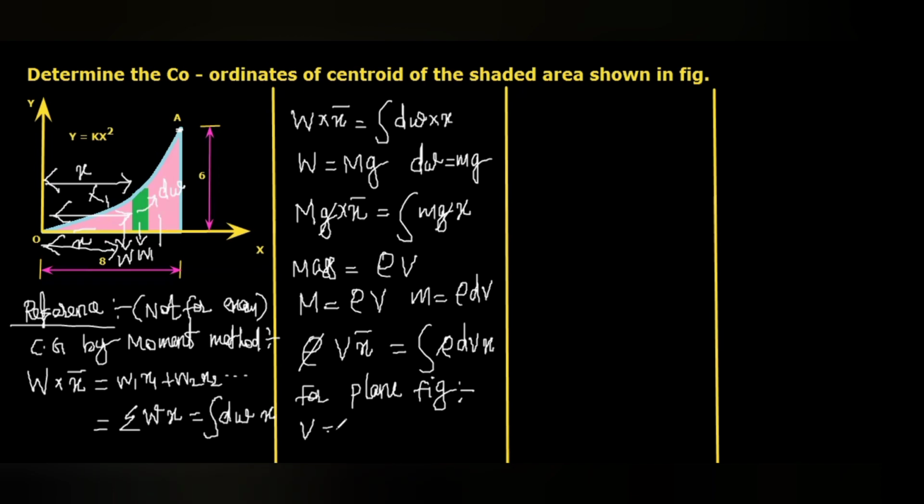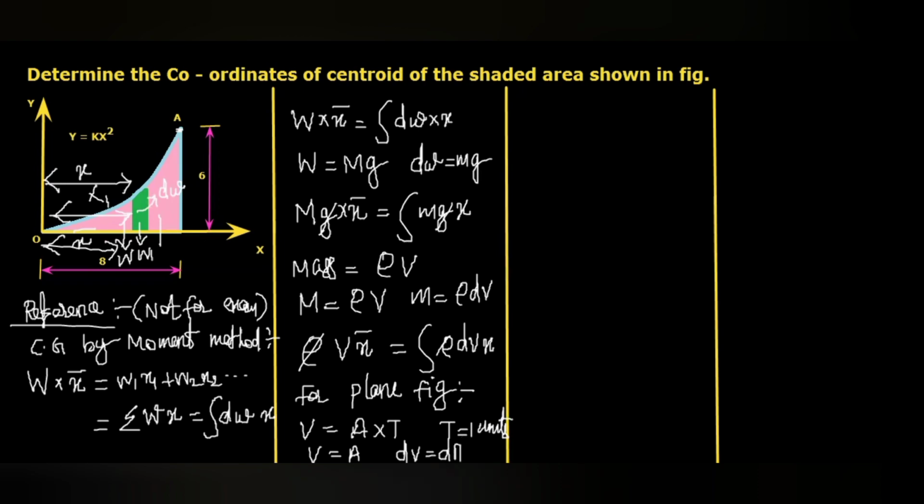So we can write area equal to, sorry, volume equal to area into the thickness, where the thickness equal to 1 unit. It's unity. Then instead of volume, we can say area. So dV equals dA. When I substitute here, A x bar equals the integral of dA into x for plane figures.